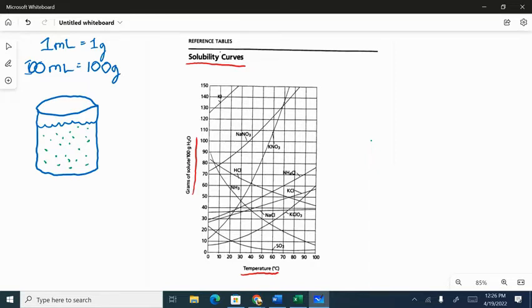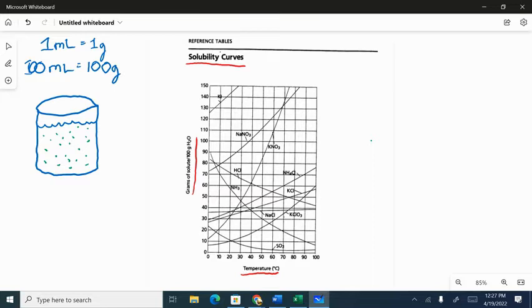Now can anybody tell me what those three substances have in common that's different from the other substances? All of the ionic compounds are my salts whose solubility increases with increasing temperature. All of the other ones, the covalent compounds, are small covalent compounds, so they're gases at room temperature.